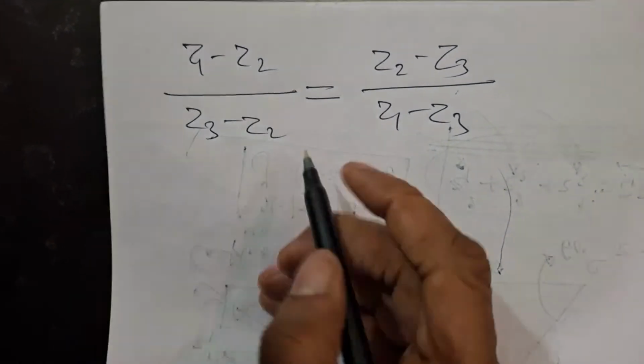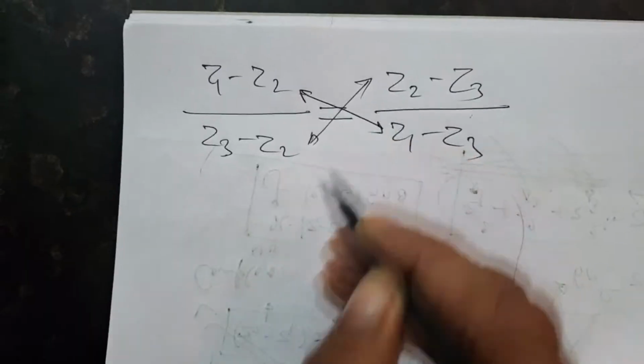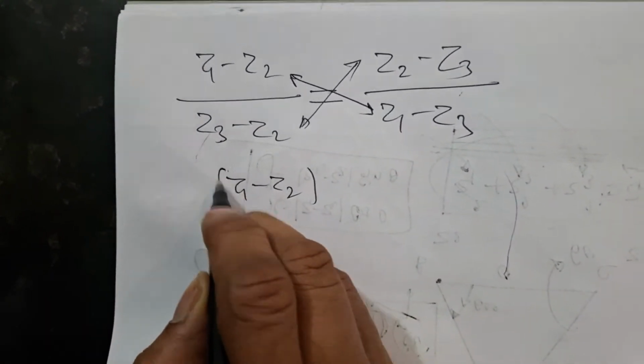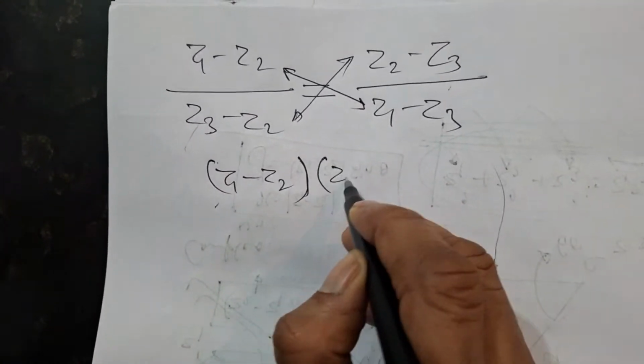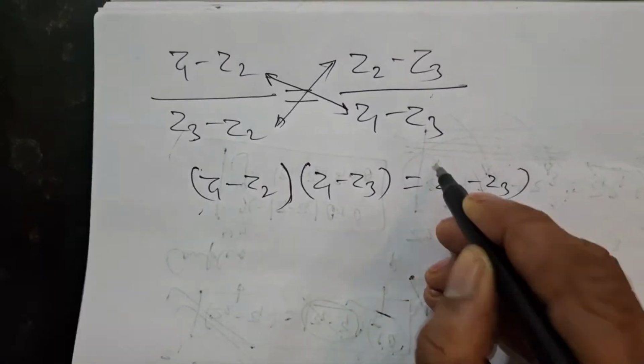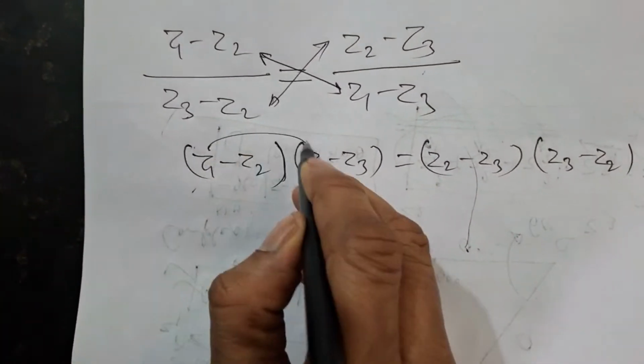See, now start solving. If you multiply these complex numbers, this is complex form, this is not modulus form. Right, now please start solving.